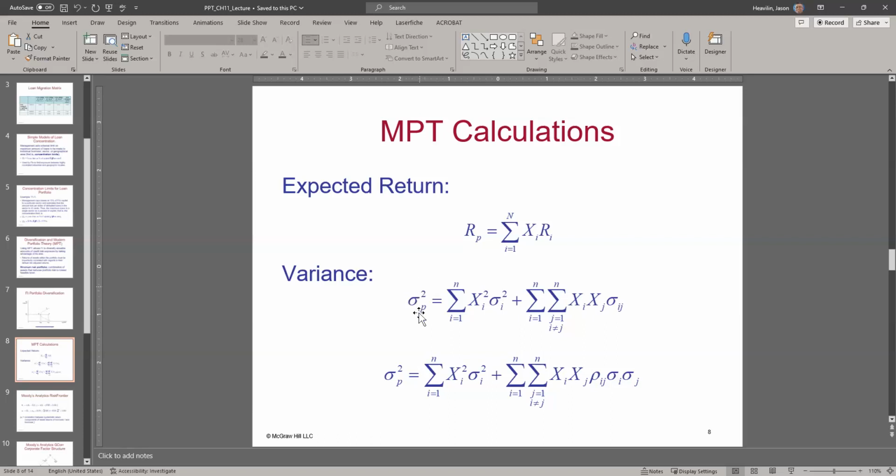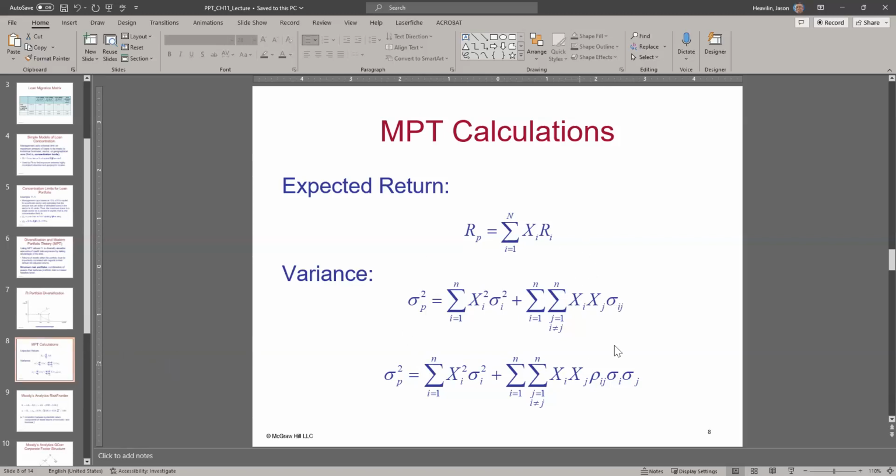This is variance, sigma squared with a P, sigma squared with an I for each individual item. Do not confuse this with this, or this one with these down here. When you have sigma with one letter only, then what you have is standard deviation of each item. Here, when you have two letters there, that means the covariance between those two.